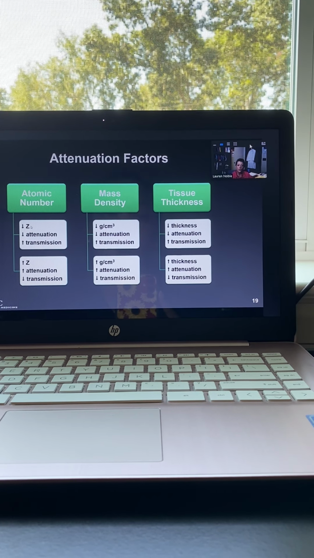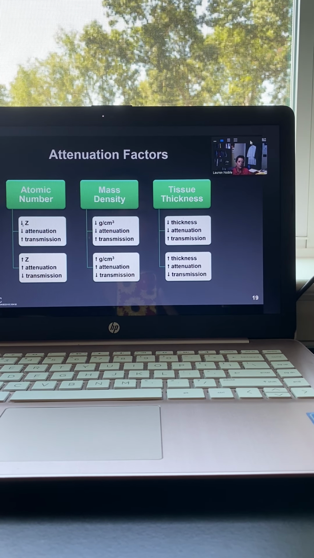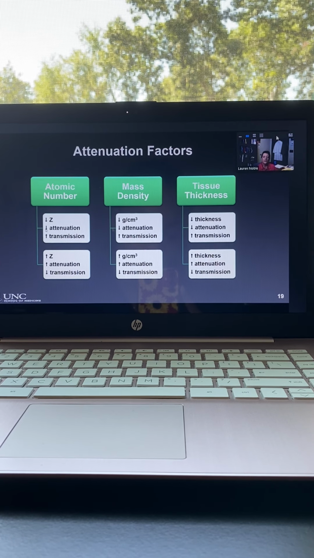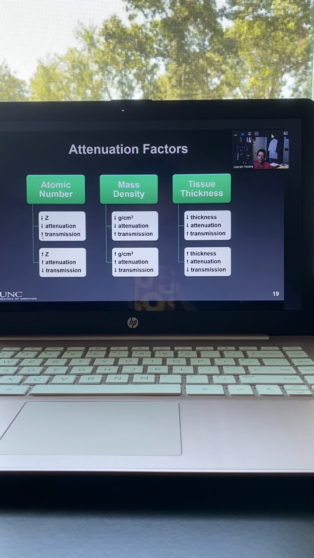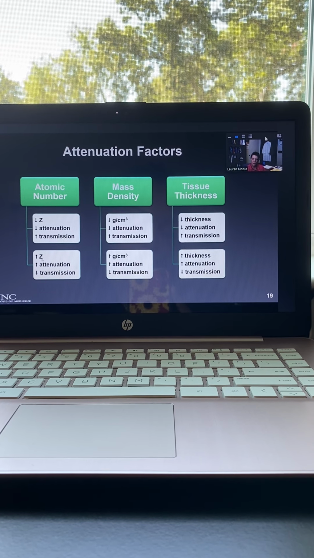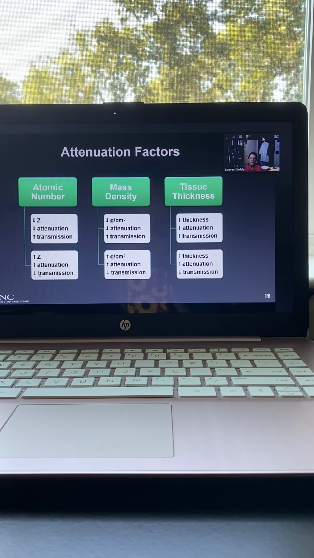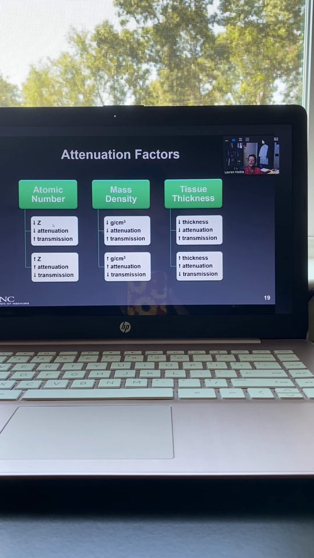Remember, atomic number is represented by the letter Z. As the atomic number of an element goes down, attenuation is going to go down, transmission is going to go up. And of course, the opposite is true. Atomic number goes up, greater chance for attenuation, less chance for transmission.